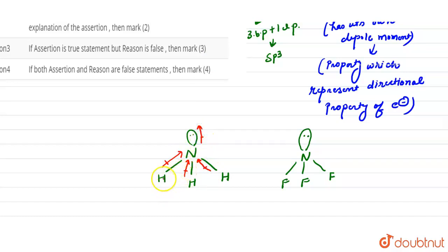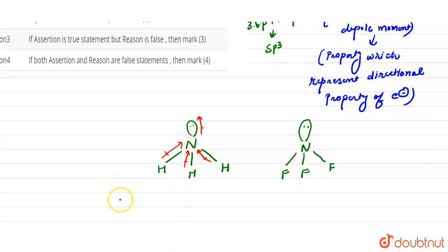Because the tail of the dipole moment represents the less electronegative atom, and the head of the dipole moment represents the more electronegative atom, that is nitrogen here.